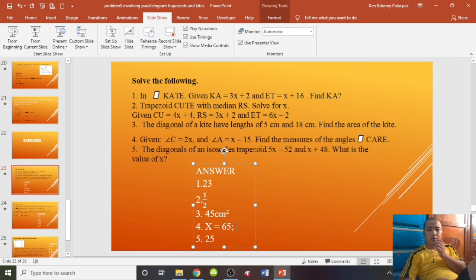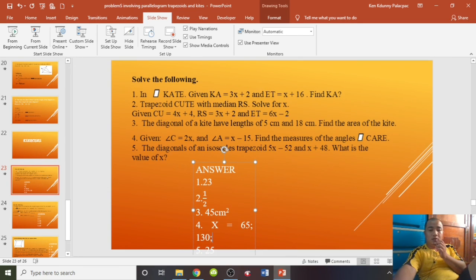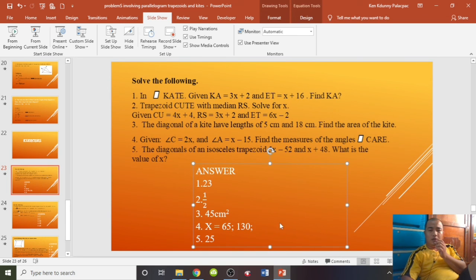What are the measures of the 4 angles in the parallelogram? So 2x, 2 times, okay, 130 degrees and 50 degrees. Yan. Dalawang 130 and dalawang 50 degrees.